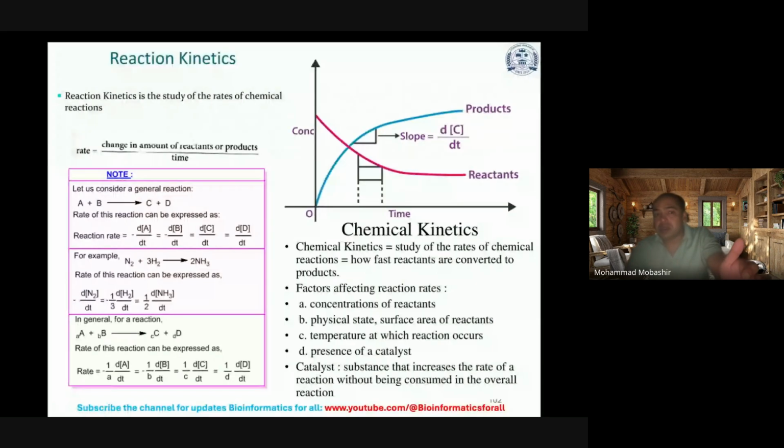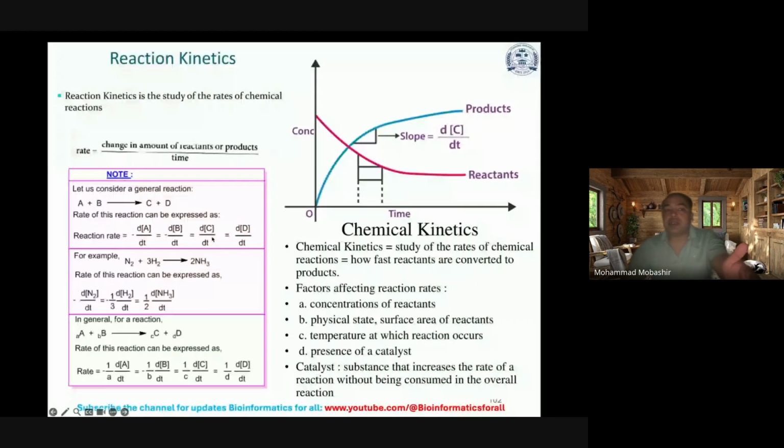When you are representing the reactants, it will be written with an additional symbol, that is a minus, because reactants are converted to products. So, for example, minus dA upon dt, minus dB upon dt, because these are the reactants which will be converted to products, or which will be decreasing. And the products are always with the positive sign because they are formed.